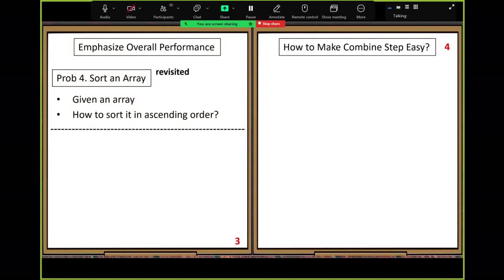When we start, we want to imagine under what situation we can make the combine step as easy as possible. Here, the idea is very smart.